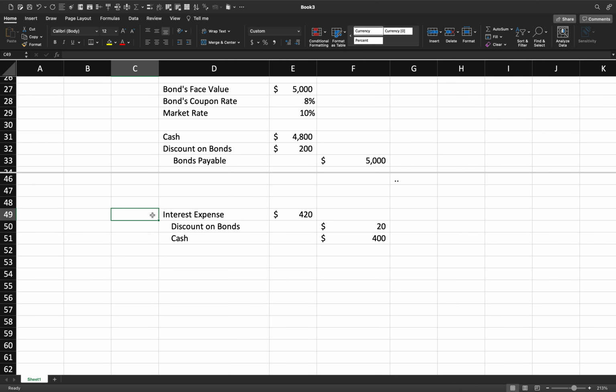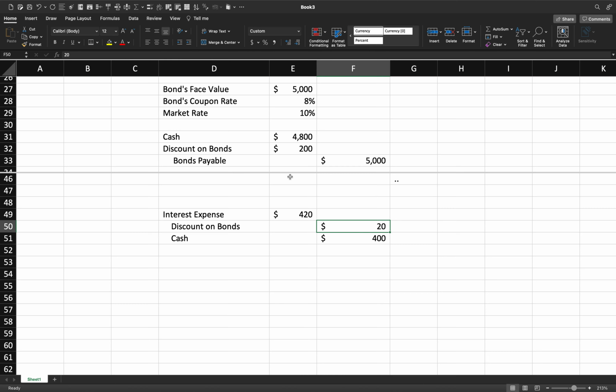This is going to happen at the end of year one, it's going to happen at the end of year two, and so on and so forth until the end of year 10, where we're going to again pay at the anniversary of year 10, at the end of this bond issuance term, we're going to pay them another interest. And by the time we've paid discount on bonds 10 times, it would have been equal to 20 times 10, which is 200.